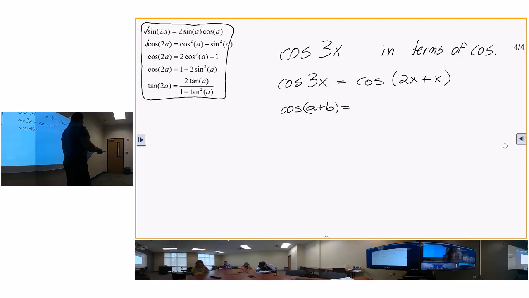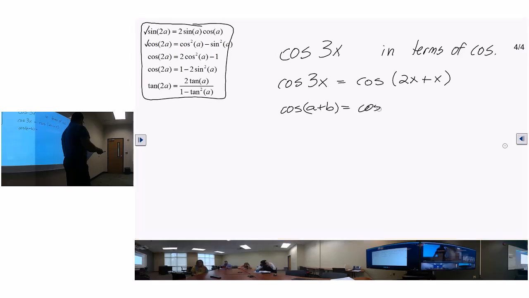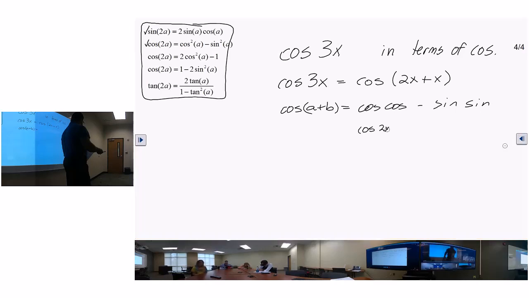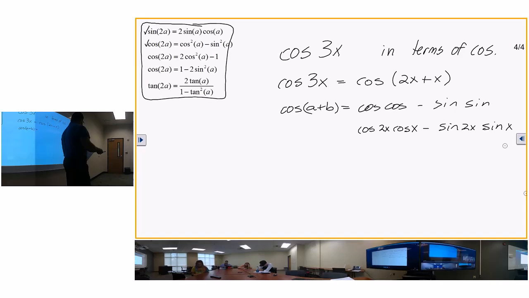Yeah. And of course, we read from left to right, and that's A and B accordingly. So that's going to be the cosine of 2x times cosine of x, minus the sine of 2x times the sine of x.